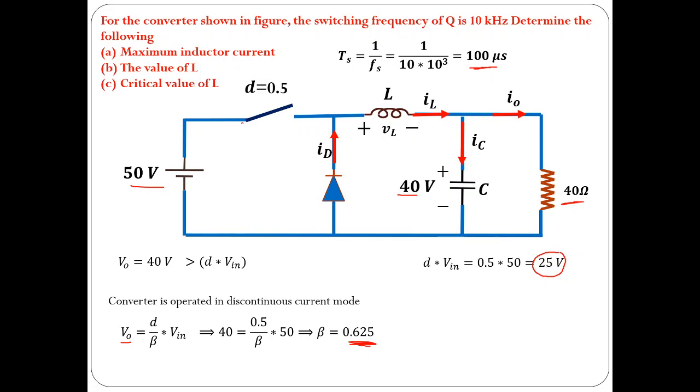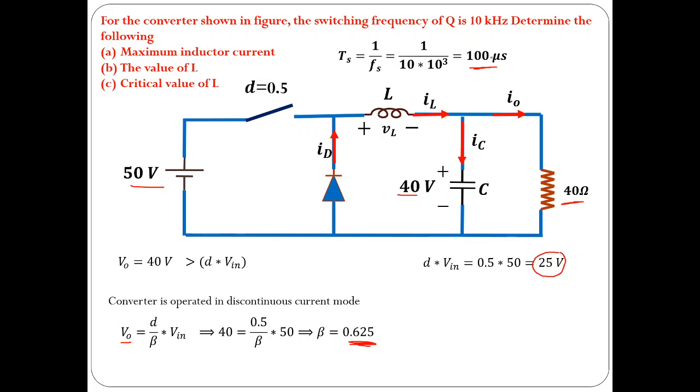Once you isolate the switch, the current through the inductor exists for the period beta into Ts. Beta is 0.625, and 0.625 into 100 is equal to 62.5 microseconds. So for 50 microseconds the current would rise, and for the remaining 12.5 microseconds the current would fall to 0.